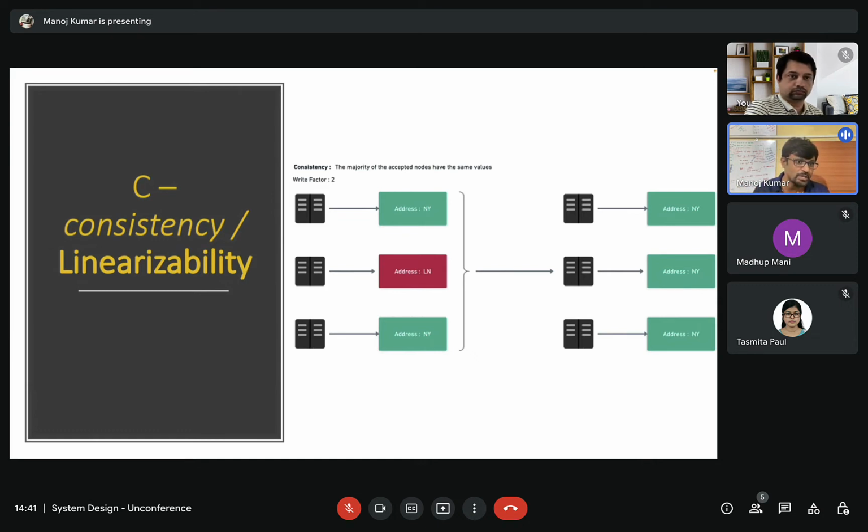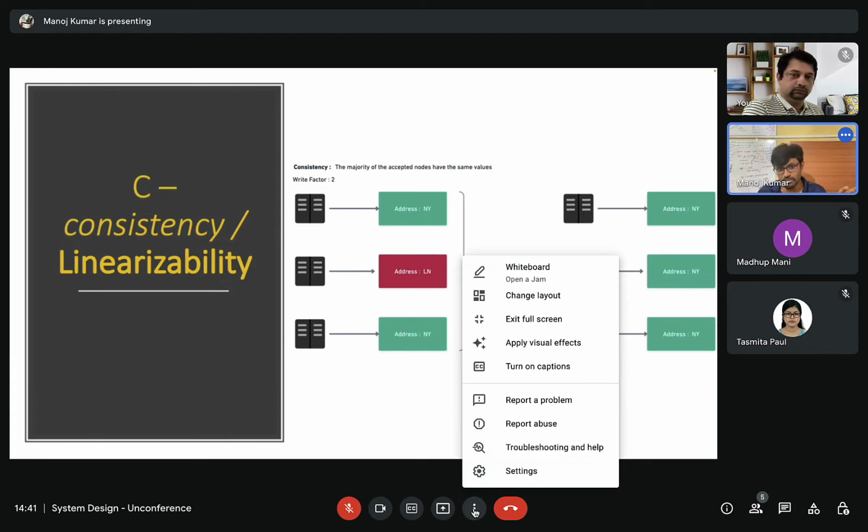But how do we achieve consistency? In the RDBMS side it's completely different, whereas in the distributed side it's completely different. When we speak about consistency, we need to see whether we are speaking from a distributed side or from an RDBMS side.